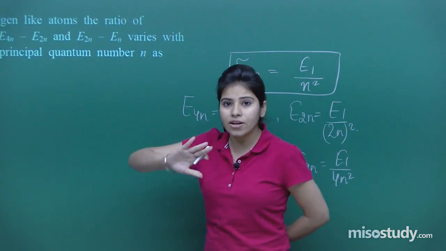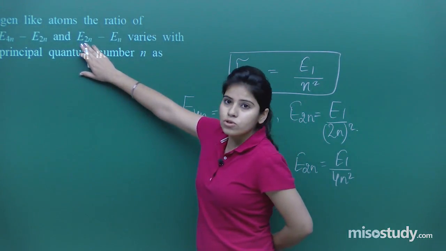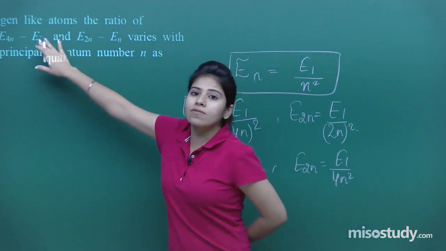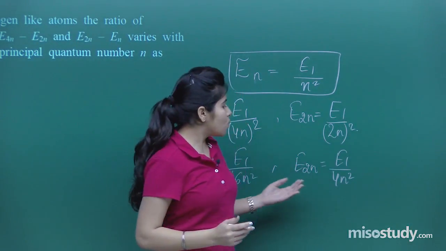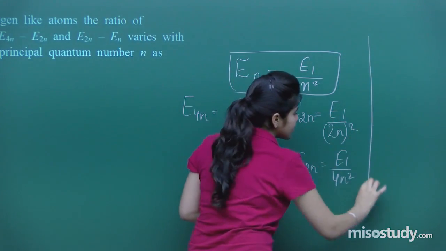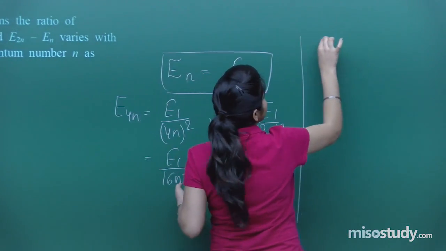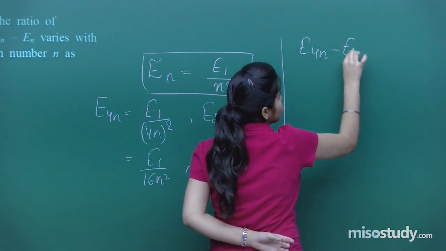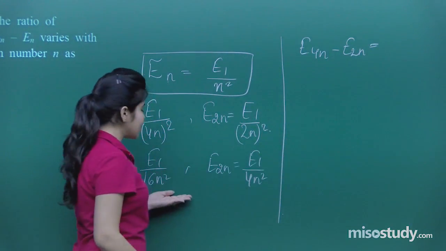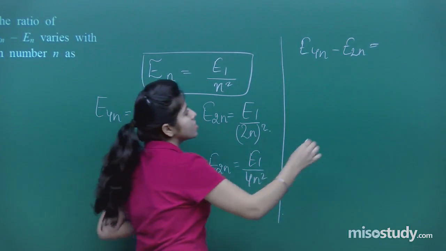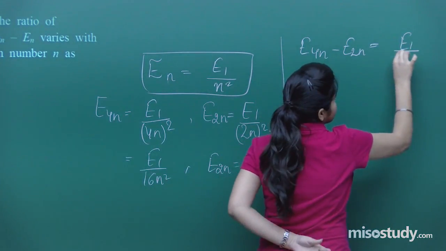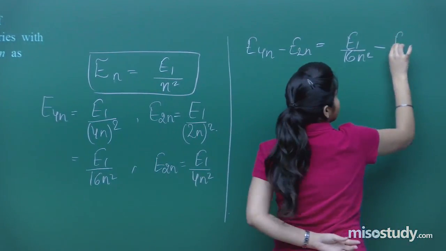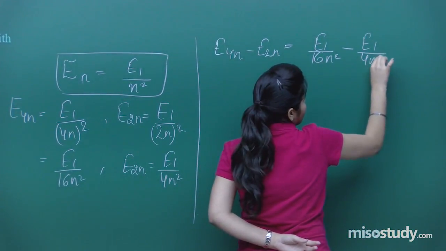We have to take the difference of them, and also I have to take the difference of E2n minus En, and then we have to take the ratio of this. So just look at this side, I am going to write E4n minus E2n, and as I can see E4n is E1 upon 16n square minus E2n, E1 upon 4n square.